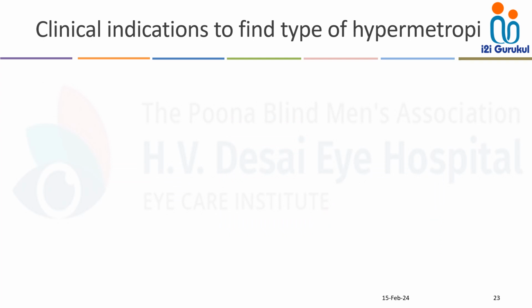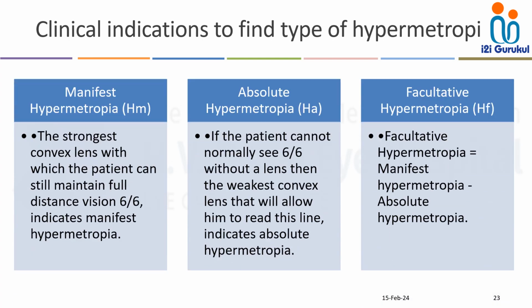Now we have clinical indications to find out the types of hypermetropia. For manifest hypermetropia, it is the strongest convex lens with which the patient can still maintain full distance vision 6/6. The second one is absolute hypermetropia.